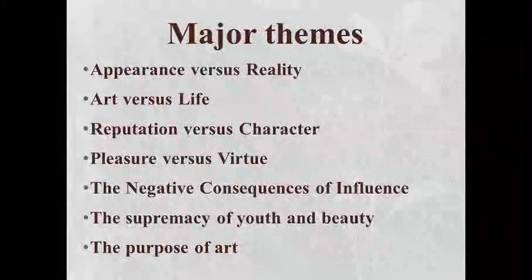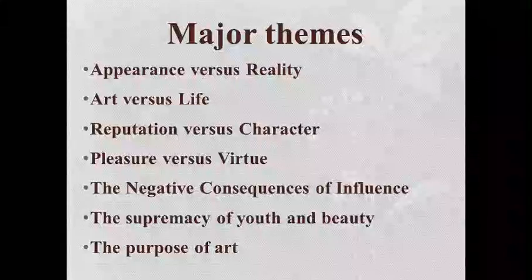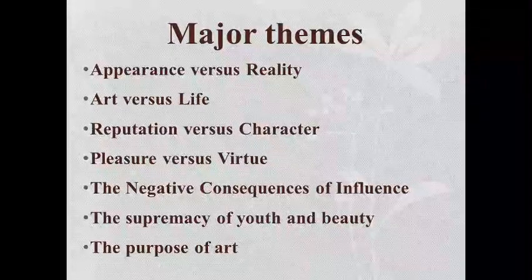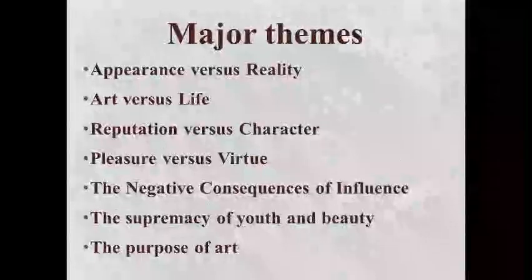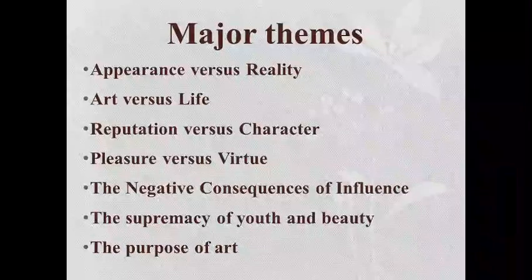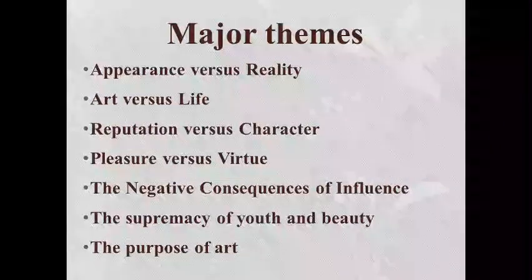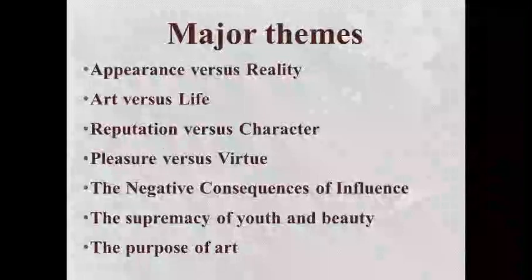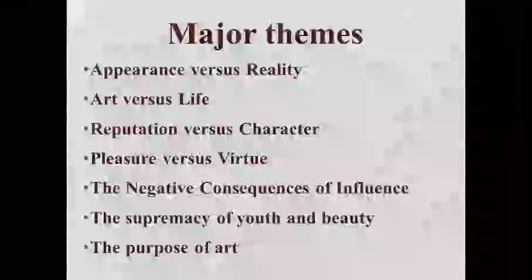I said before, at the beginning of the term, that if you want to analyze the novels well, you should know, maybe you have read it in World Literature 1. Because in World Literature 1, students learn about Greek and Roman mythology, and maybe you have known about the Narcissus story.